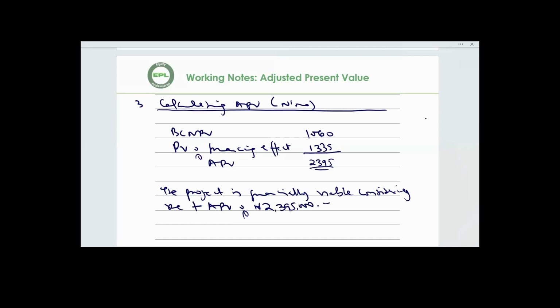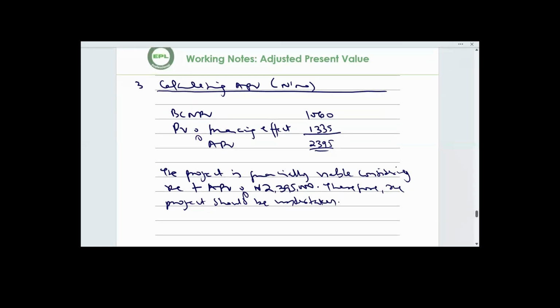Therefore, the project should be undertaken. Then you now state all your assumptions.